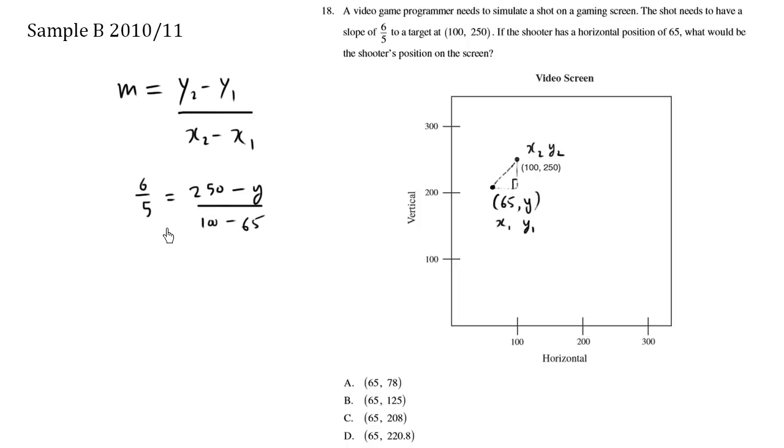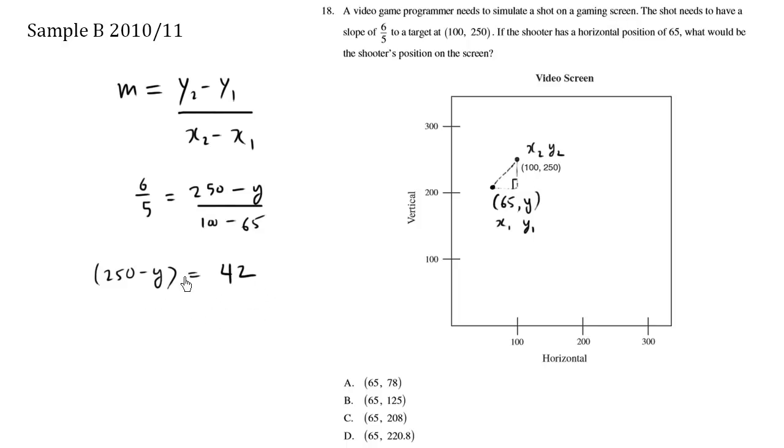So now we can cross multiply to say that 5 times 250 minus y is equal to 6 times 100 minus 65. 100 minus 65 is 35. 35 times 6 is 210. And then 210, divide both sides by 5, is 42.